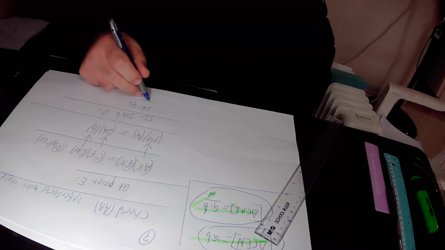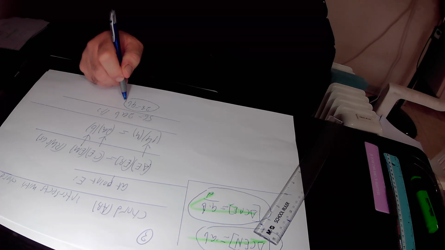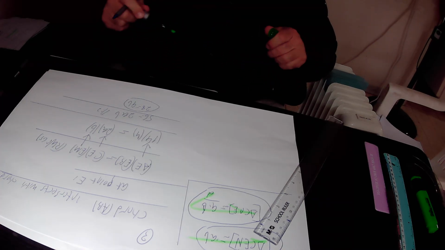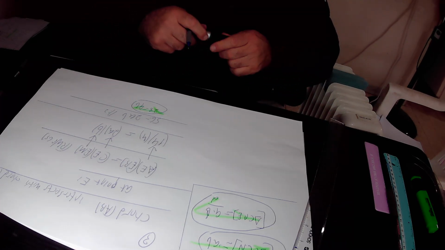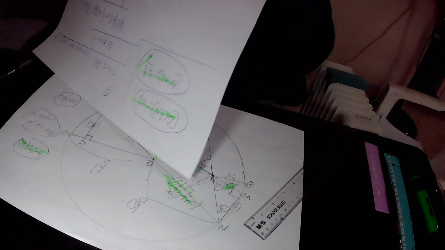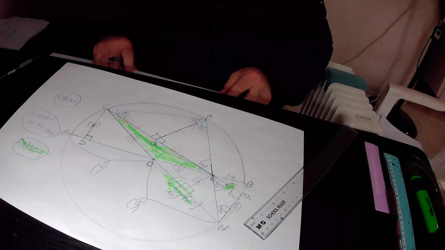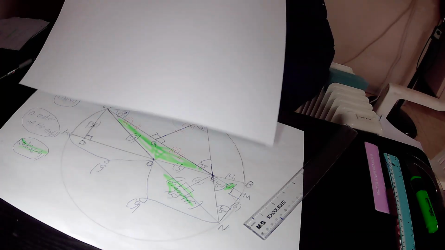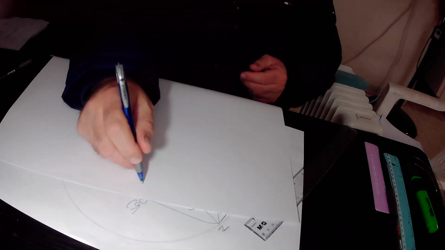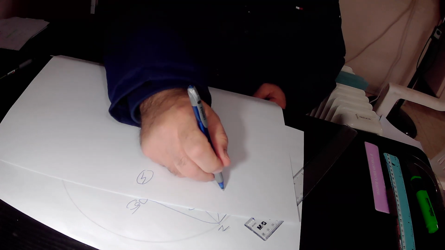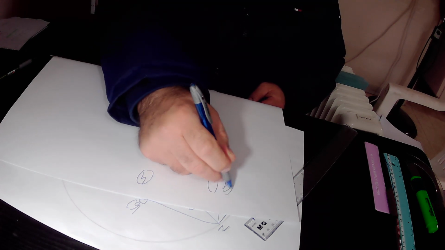So in total we found that A times B equals 28.